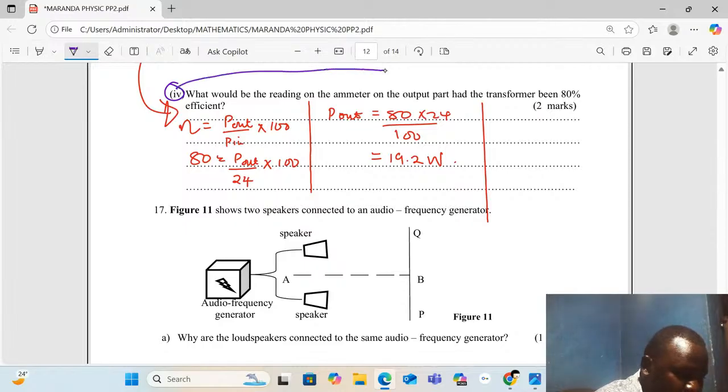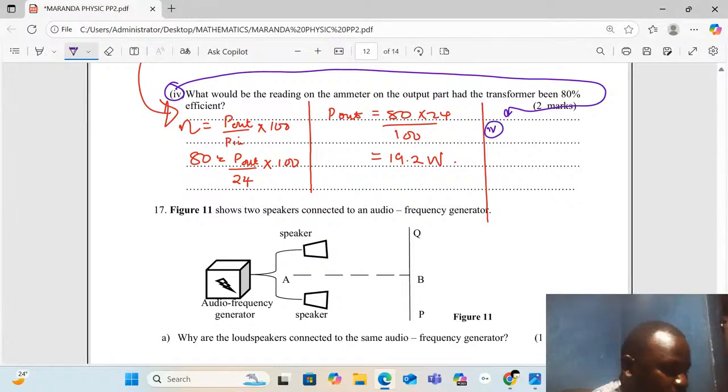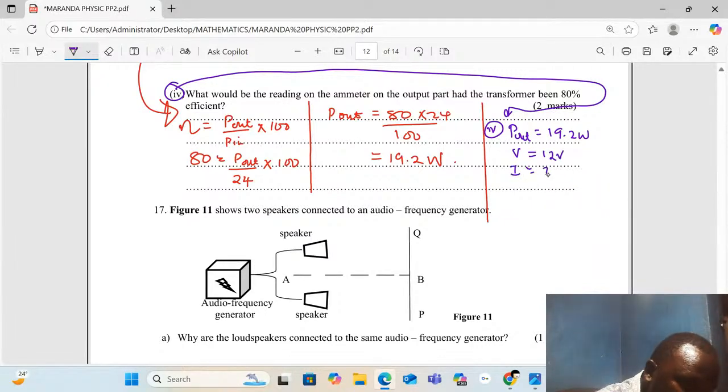The working for this one is here, Roman 4. What would be the reading on the ammeter on the output part if the transformer is 80% efficient? Since we have got the power output as 19.2 watts, then our voltage there, we can see from the diagram, is 12 volts. Then our current will be what?